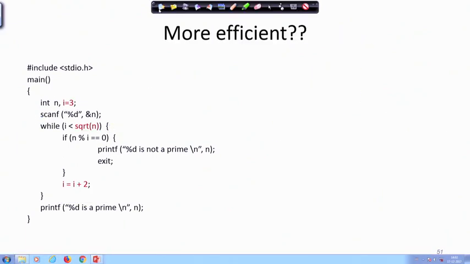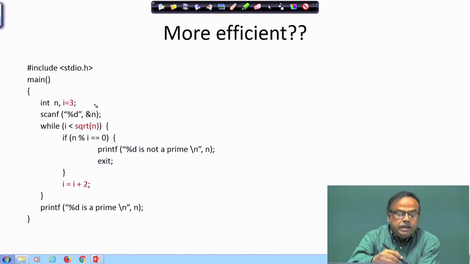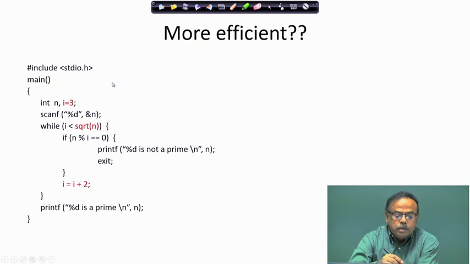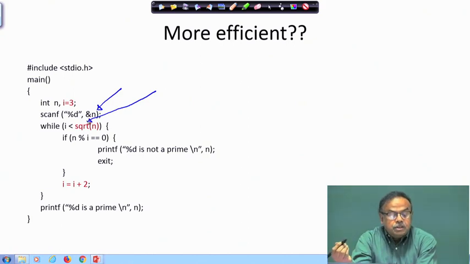So, here you see I am starting with 3, and I am reading the value of n, fine, so far no problem. Now, here I am not checking up to n.